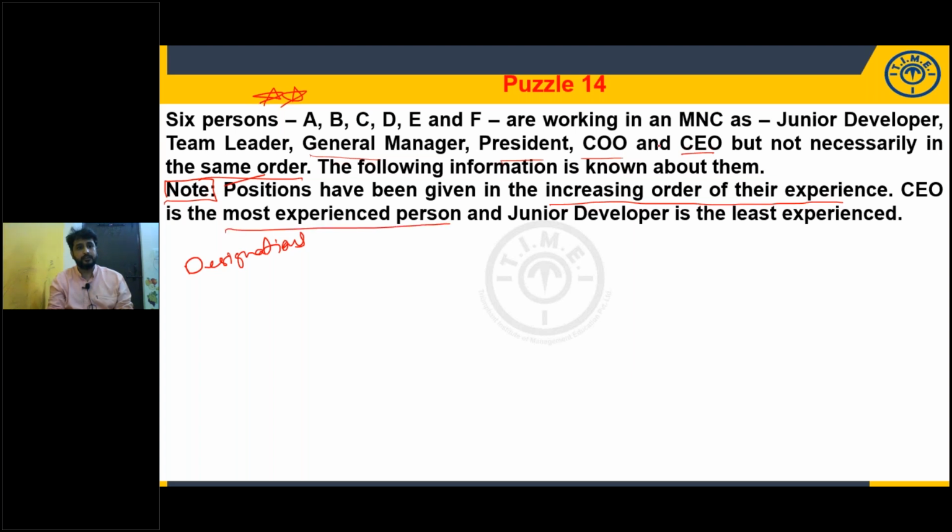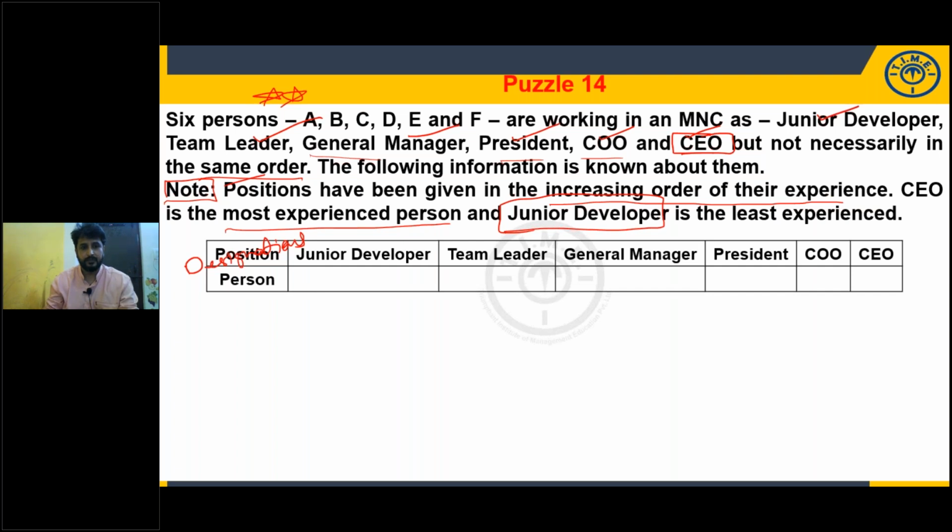CEO is the most experienced person, and junior developer is the least experienced. So they are giving in the order: highest experience, next highest, and so on, which is nothing but least, given in increasing order of their experience. The basic structure will be like this: least to highest or highest to least, your wish.